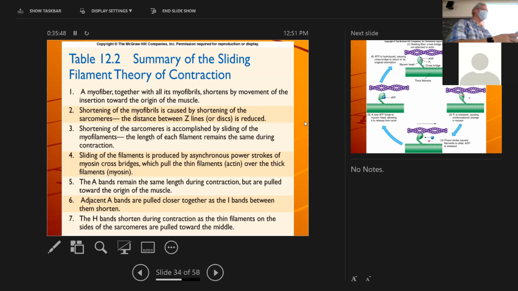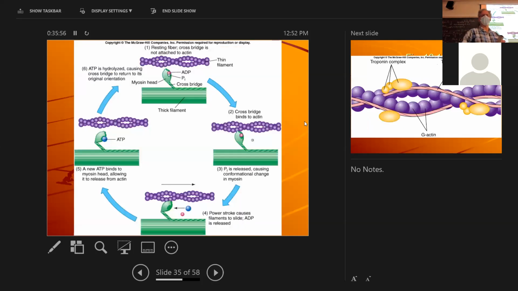And that simply summarizes from your book what goes on with contraction. Let's look at the cycle now. So, myosin, as you can see, when it is bound to ATP, essentially is detached from the actin thin filament.